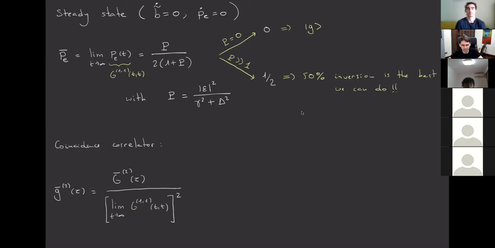Because remember that the expectation value of sigma dagger sigma is the probability of being excited. So this is exactly G11. Then when you put both expressions together, what you get is that the denominator is P excited squared. The numerator is P excited in the steady state times P excited at time tau when initially you are in the ground state.